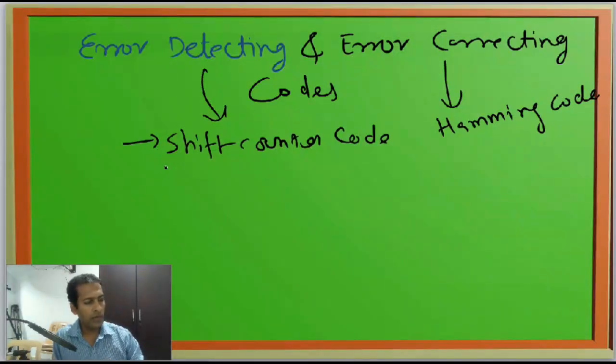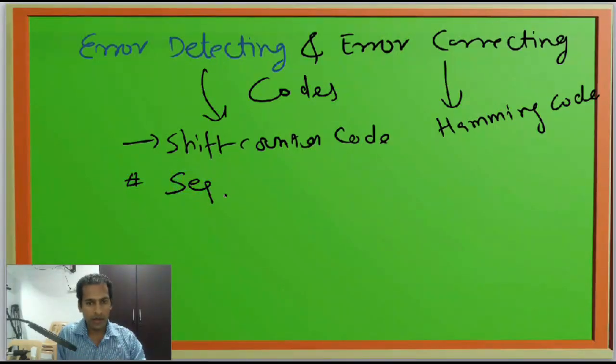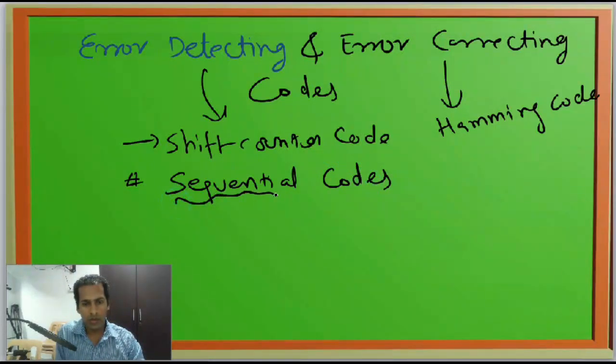Then there will be some sequential codes. The next terminology we have to remember is sequential codes. A sequential code is one in which each succeeding code word is one binary number greater than the previous code word.